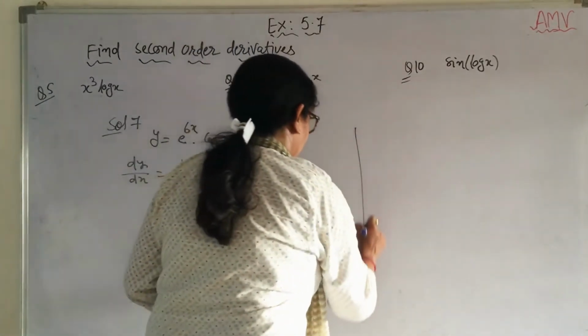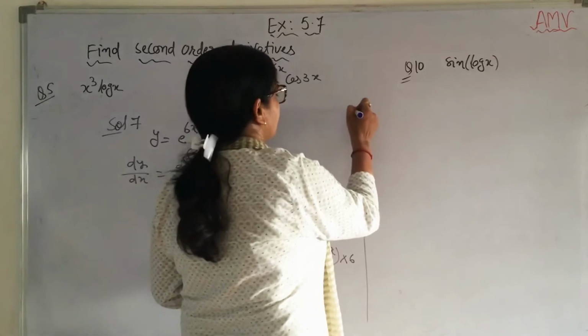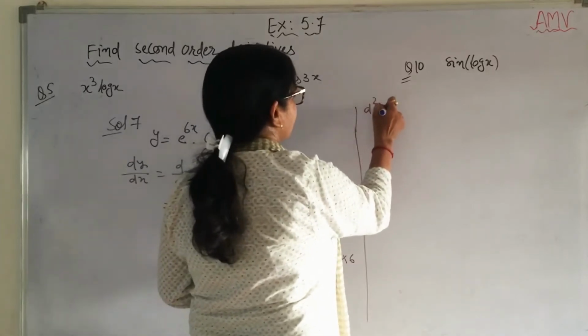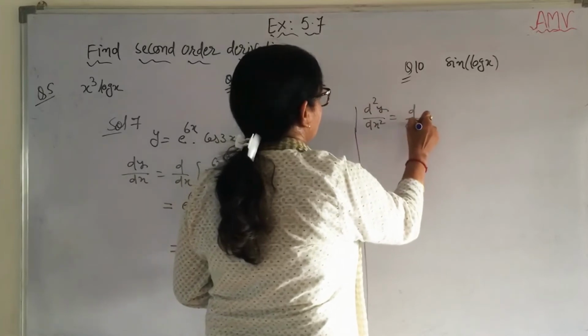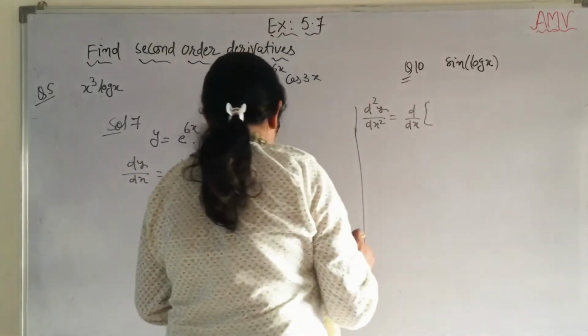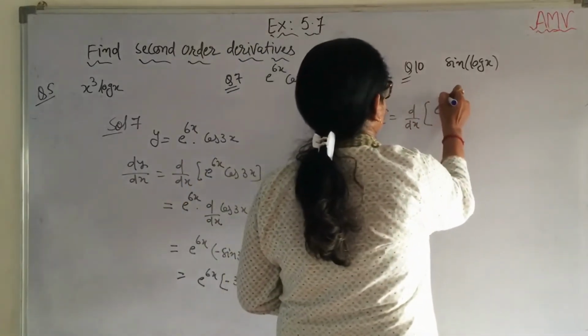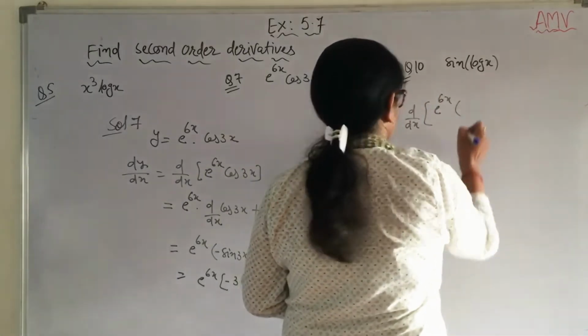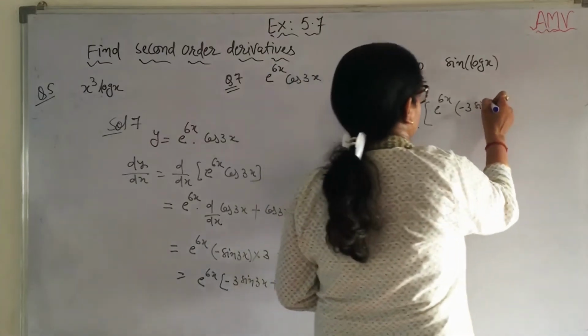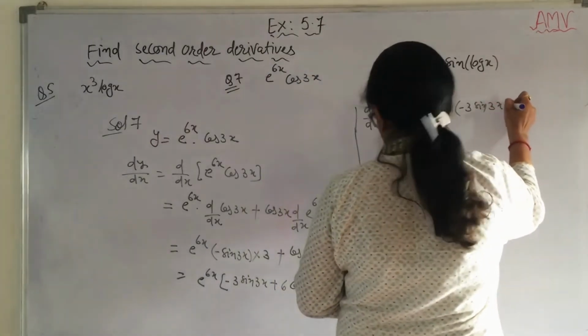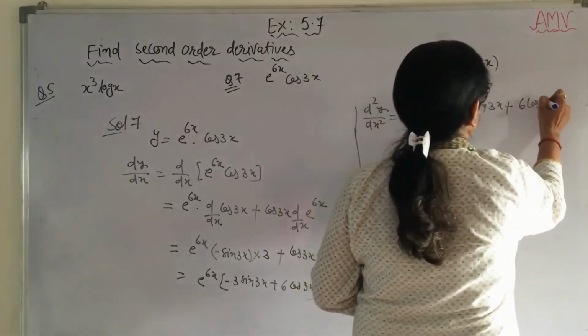And now for the second order derivative, d square y by dx square, it is d by dx of e raised 6x, and here minus 3 sin 3x plus 6 cos 3x.